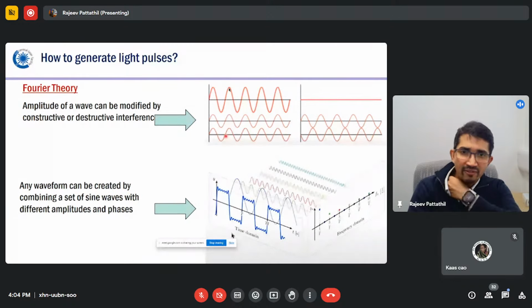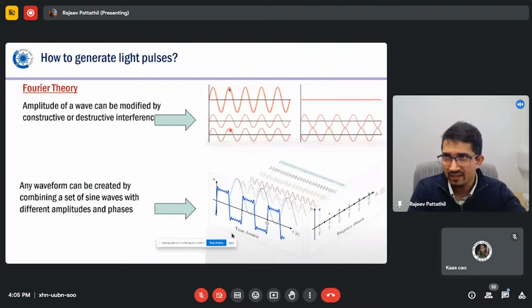But it also has a phase, so that when the peaks of the wave, or as we saw in light, an electromagnetic wave, the peaks of electric and magnetic fields, completely overlap, we can say they are in phase, they add up, and they create a constructive interference.